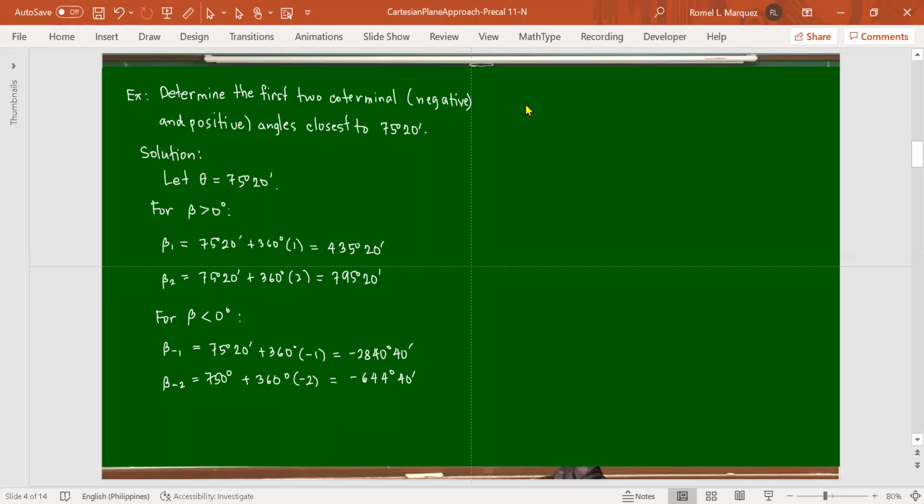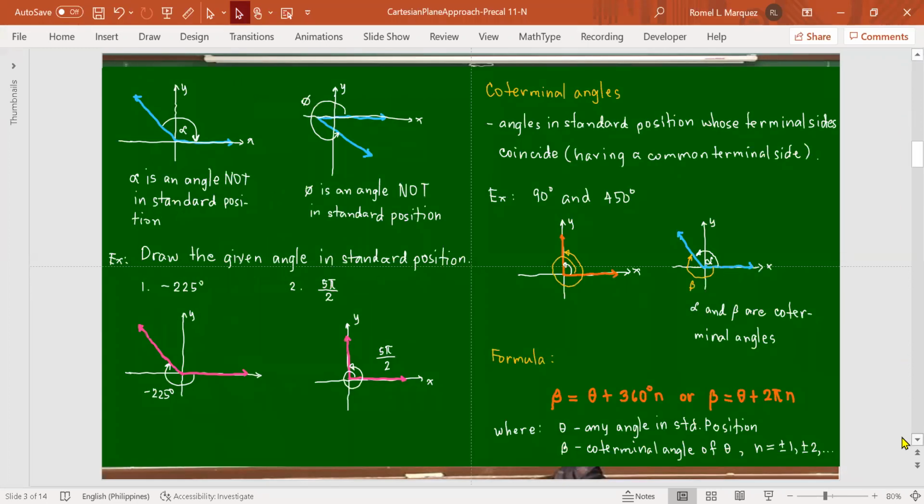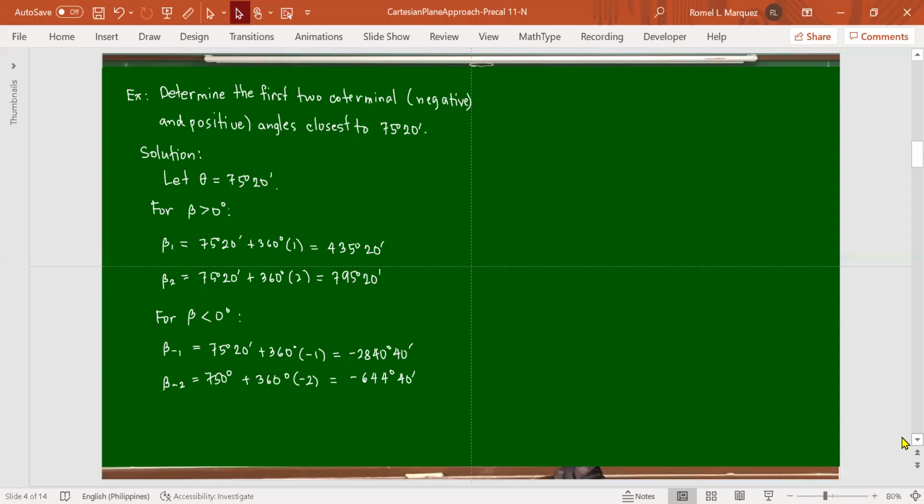Okay. So another important term associated with this is what we call quadrantal angles. Sir, yung sa beta negative 1, 284 lang po.